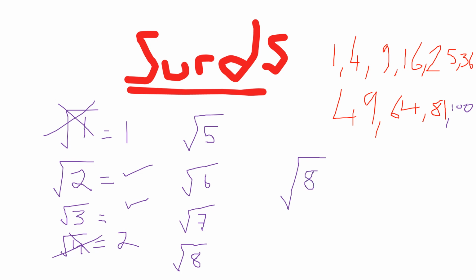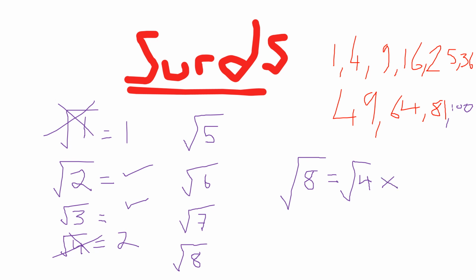Now I need to find two numbers that multiply to make 8, one of them being a square number. So root 8 can be written as the square root of 4 times the square root of 2.